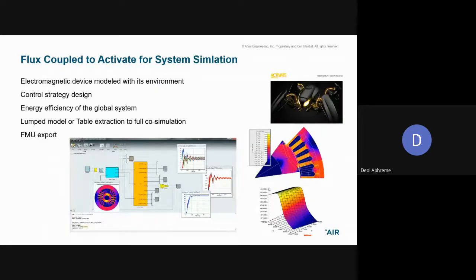Again, like Simulink, Altair has our own 1D simulator called Activate, where we can simulate real world scenarios with feedback of a component, and all of those can be visualized. In case you have a hardware in loop system like Opal or something like that, you can export the component in the form of a lookup table or an FMU block into your hardware in loop system and then simulate.